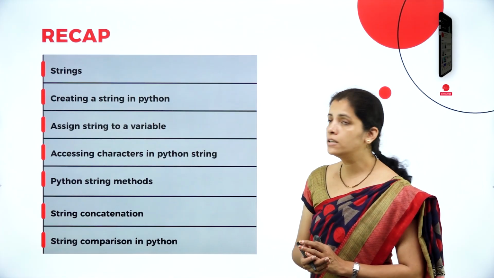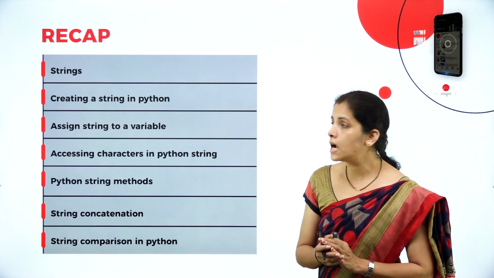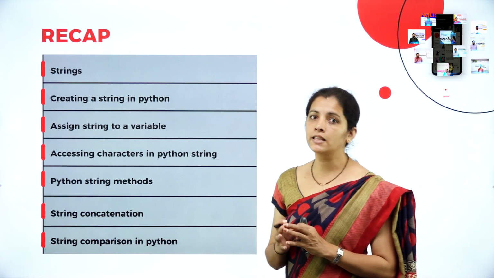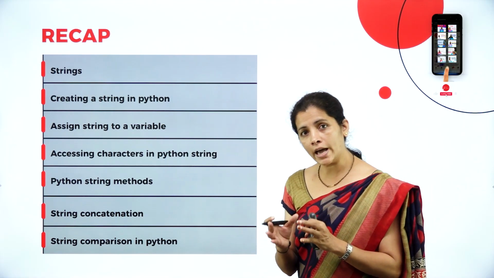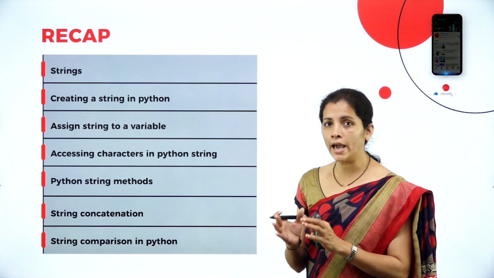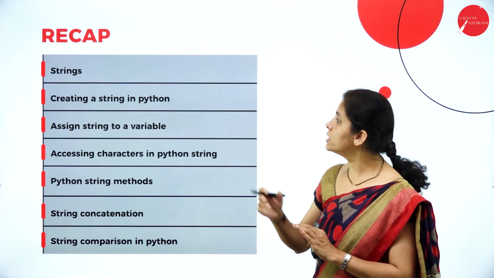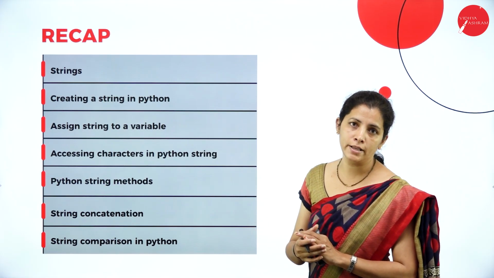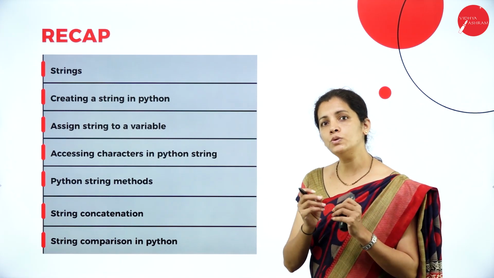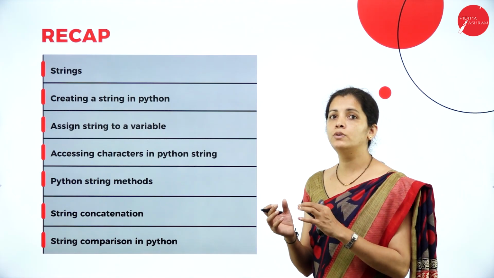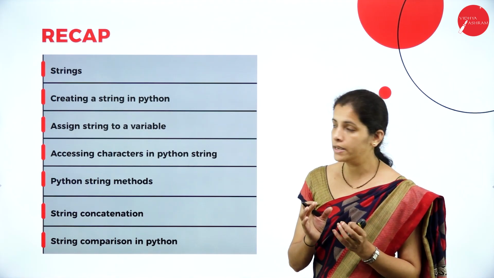Anyway, dear students, in my last session, I started with what a string is. String is nothing but a collection of characters or a group of characters. And how can we create a string in Python? By using double quotes or single quotes, I can assign the string.